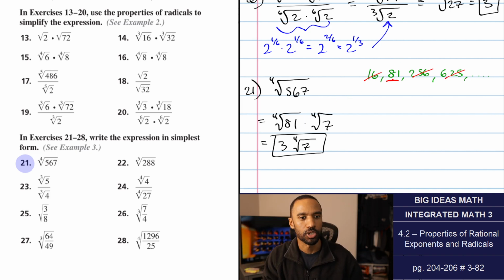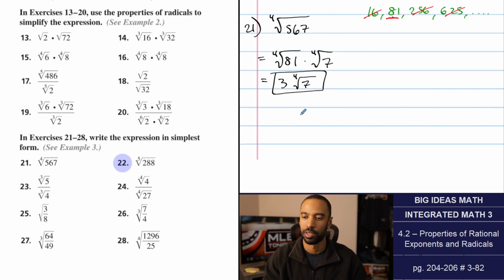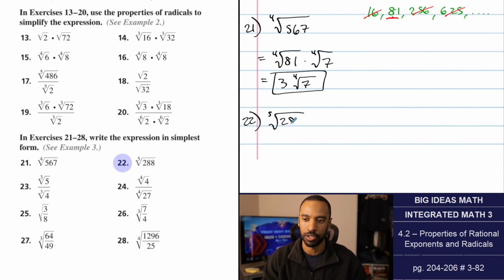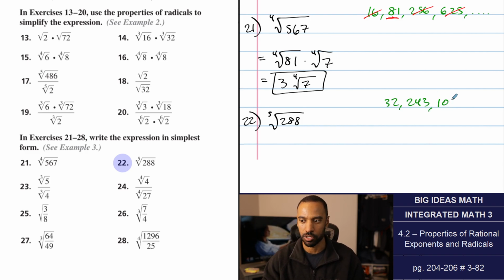Number 22. Fifth root of 288. So they're being daring with some larger powers. Once again, let's come up with some perfect fifth powers. 2 to the fifth power is 32. 3 to the fifth power is 243. As you can see, we're already going big. 4 to the fifth power is 1024.